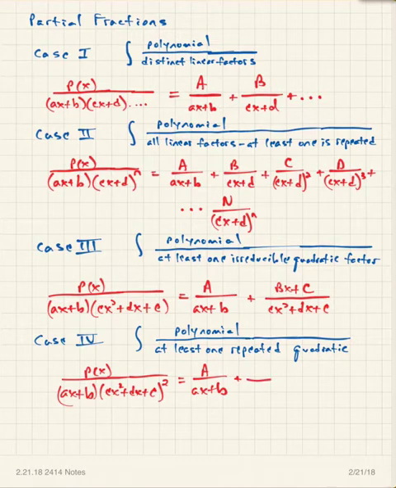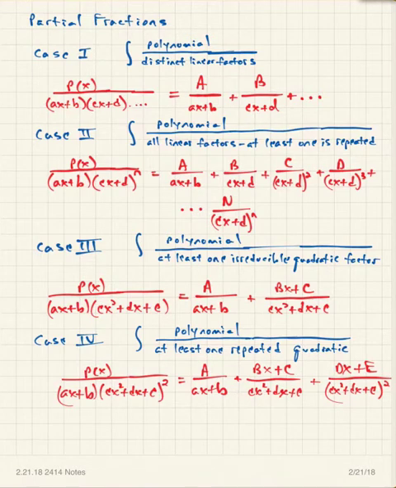So you'd have a fraction with cx squared plus dx plus e, and you'd have another fraction with cx squared plus dx plus e quantity squared. And in the numerator, you would need linear factors. So you'd have capital Bx plus C in the second fraction there, and then in the third fraction, you'd have capital Dx plus E, like that. And however many of those kinds of fractions you would need.